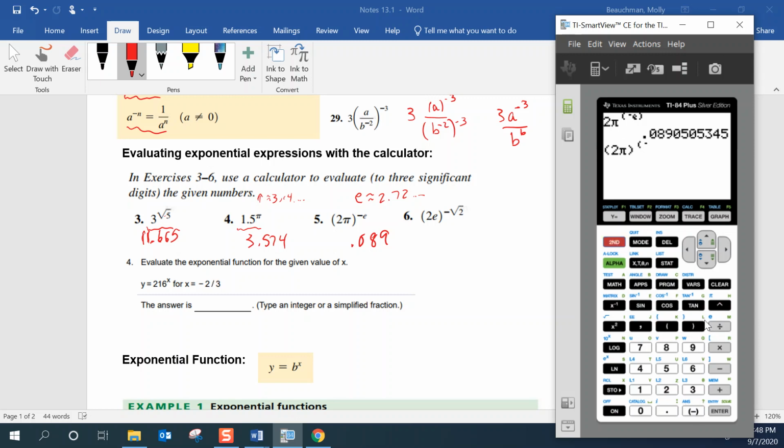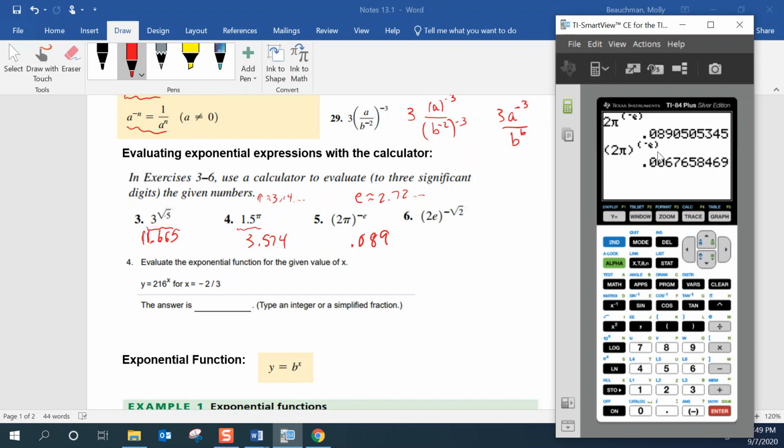So this is really important, and it almost caught me right there. That's a completely different answer. So what happened is, in the first one, when I typed it in, it was only taking negative e pi to that power, not the 2. So order of operations, if it's in parentheses, it means it wants us to take both the 2 to the power of negative e times the pi to the power of negative e.